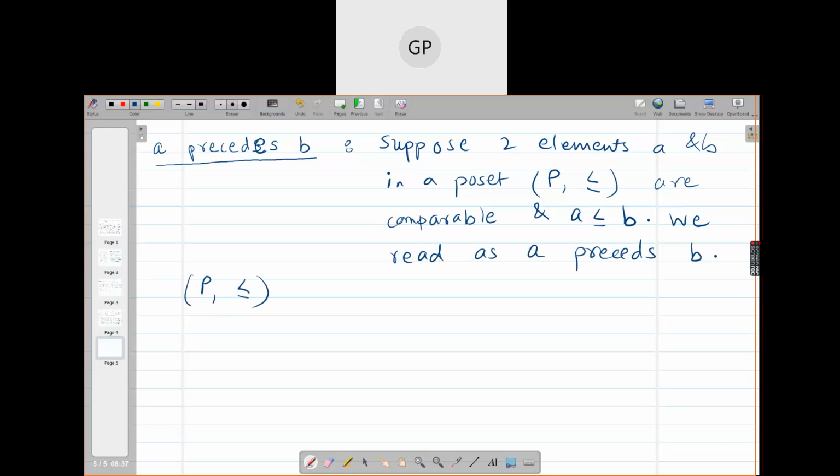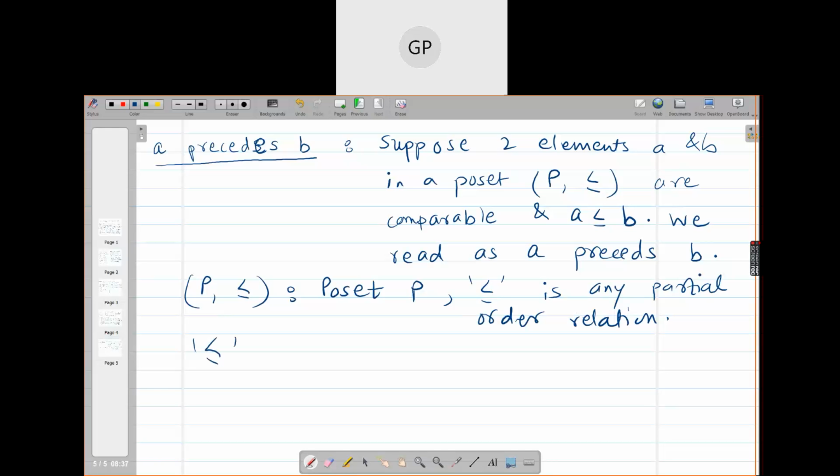Now what is P, less equal? P less equal means poset P, and less equal is any partial order relation. Now this is the notation we are going to use for partial order relation throughout. Okay, it is not always the usual less equal.